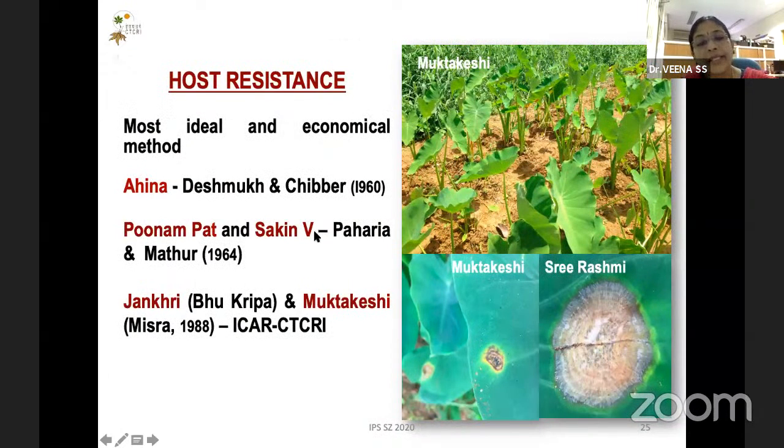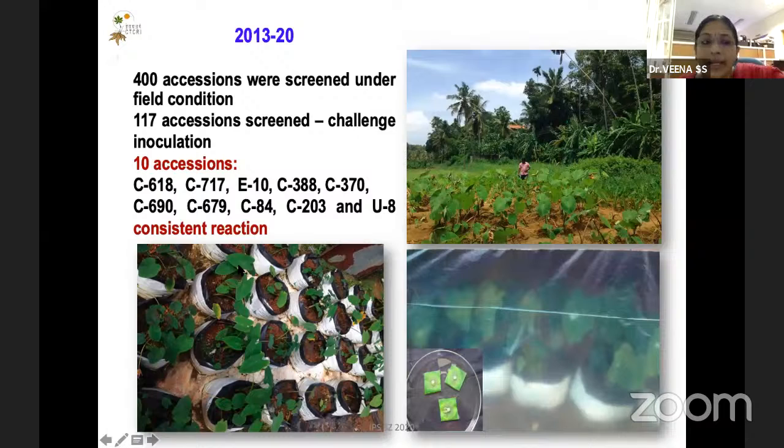And here, in host resistance, many workers have developed many varieties. Now from our institute also, we have released 2 varieties, Jangri, which was just renamed as Bhu Kripa, and Muktakeshi. Many workers from many centers report that these 2 show very good resistant reaction to TLB. In the last 7 years, almost 400 accessions of the germplasm we had in taro were screened under field conditions.